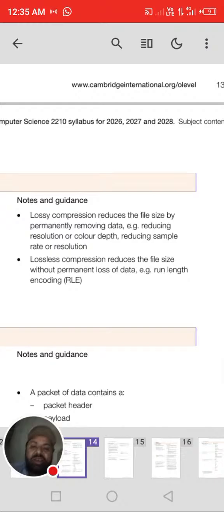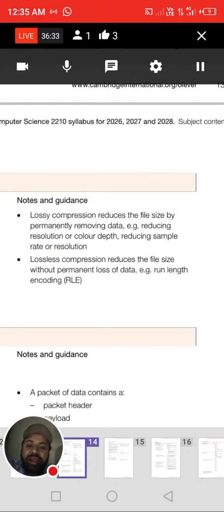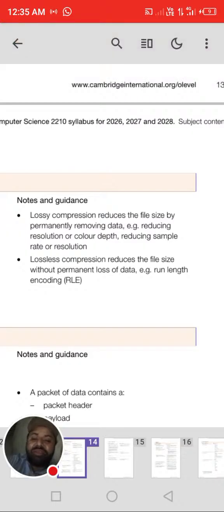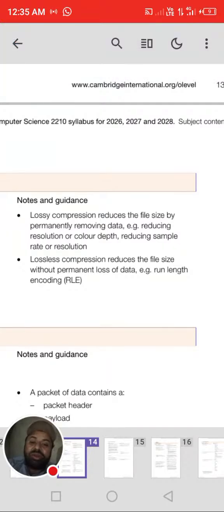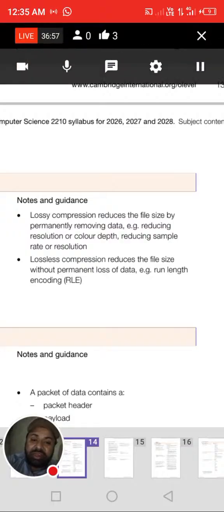A lossy compressor reduces the size by permanently removing data, for example reducing resolution or color depth, or reducing sample rate or resolution. In the case of lossy, some bits are permanently removed, while lossless compression reduces the file without permanent loss of data.